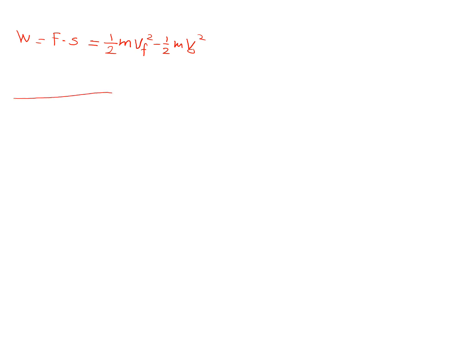If an object moves in a horizontal plane and we know the final velocity, initial velocity, mass m, and displacement s, we can use one of these two equations. Work is equal to force times displacement, and also final kinetic energy minus initial kinetic energy, half m v naught square. So we can calculate one of those unknowns.